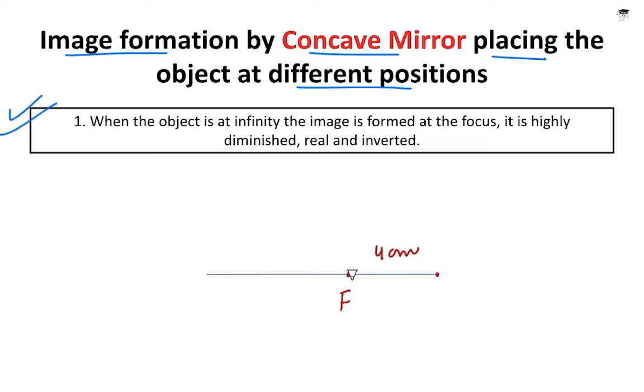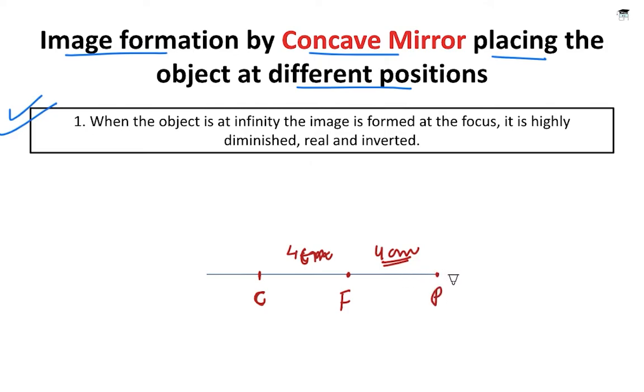That is your focus. Now from the focus, again draw a point at the exact same distance. Say this is the point and you have drawn it again at 4 centimeters. So this point is your center of curvature, because the center of curvature is at equal distance from the focus as the focus is from the pole. This is the pole.